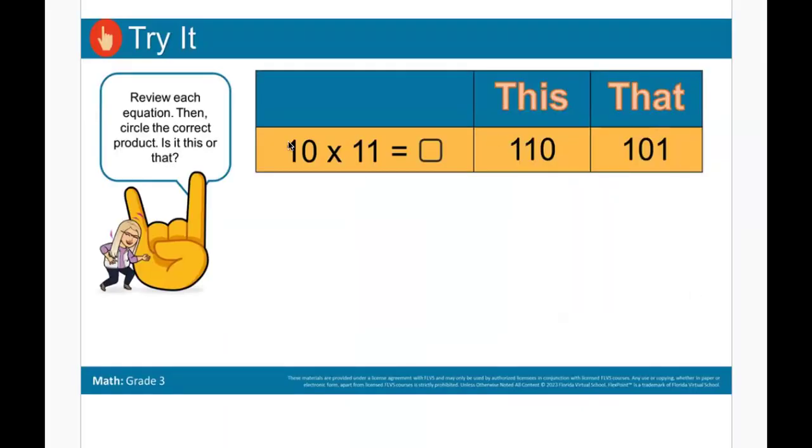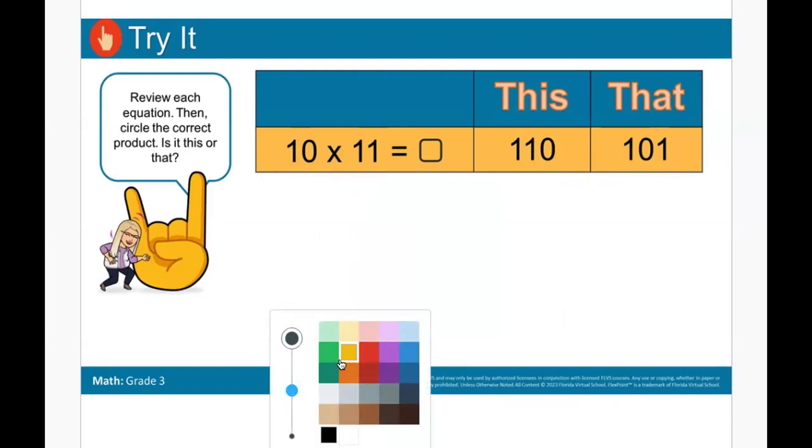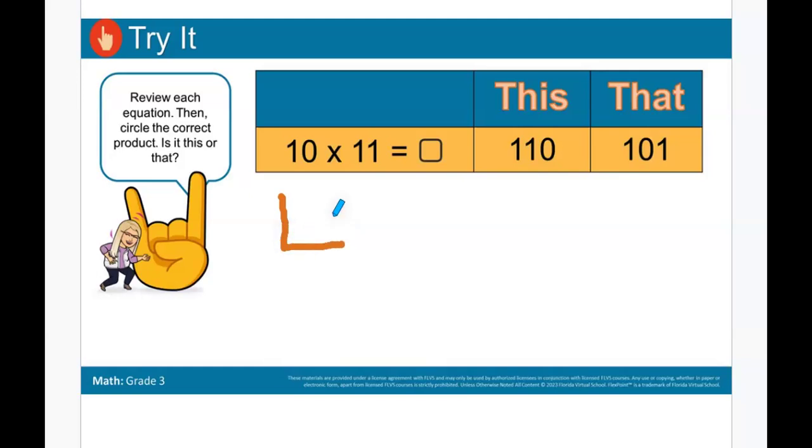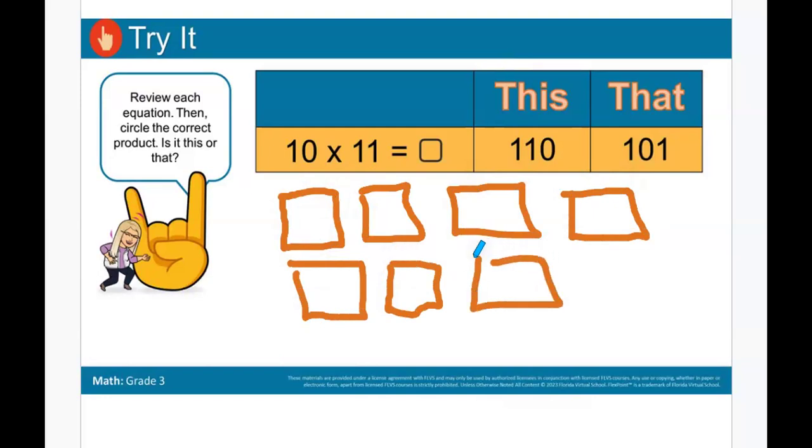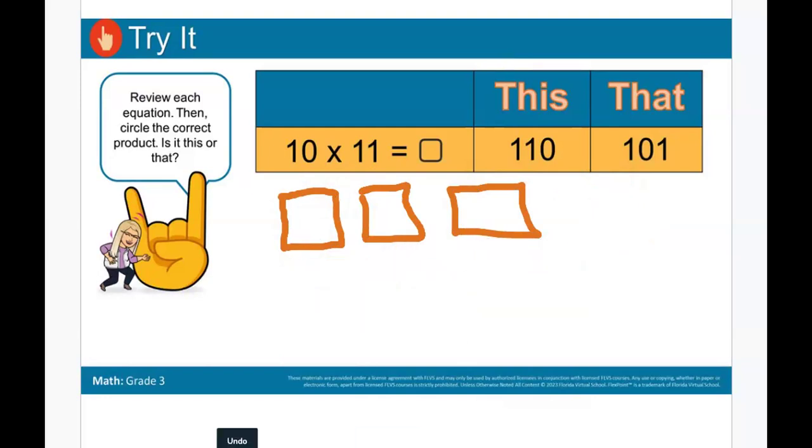Okay. 10 groups of the number 11. Actually, I'm going to do a different strategy.